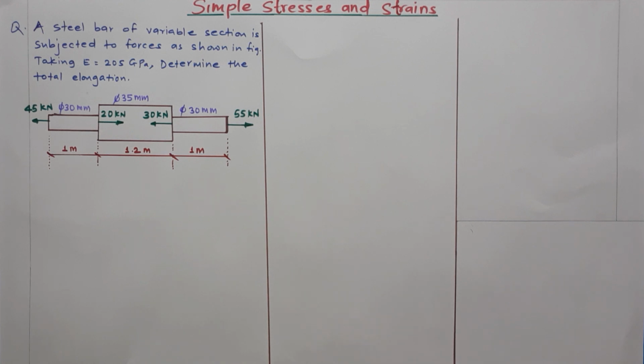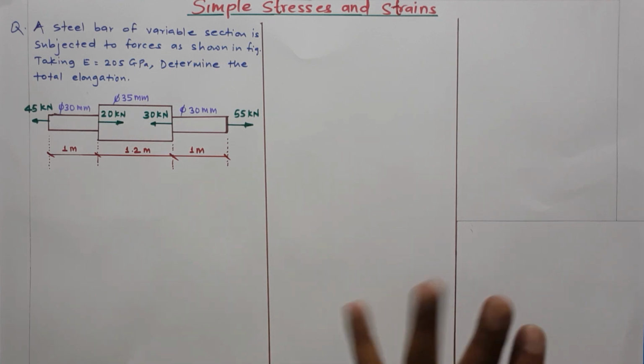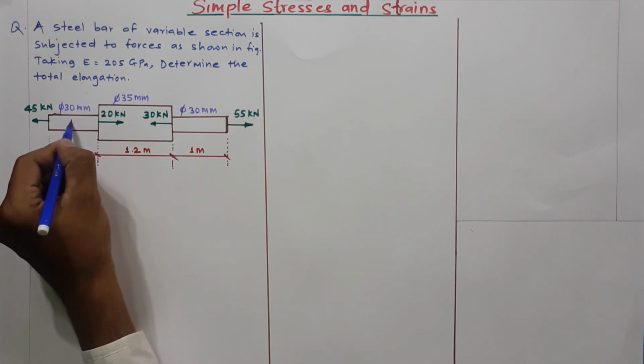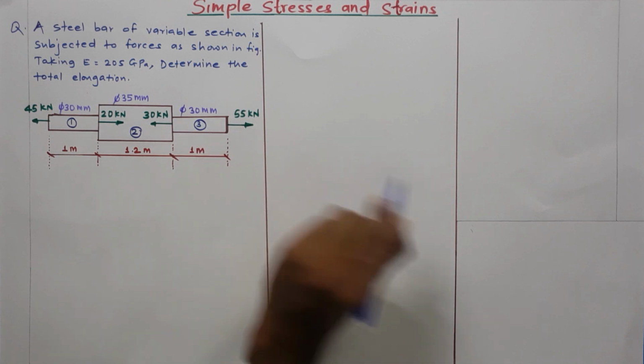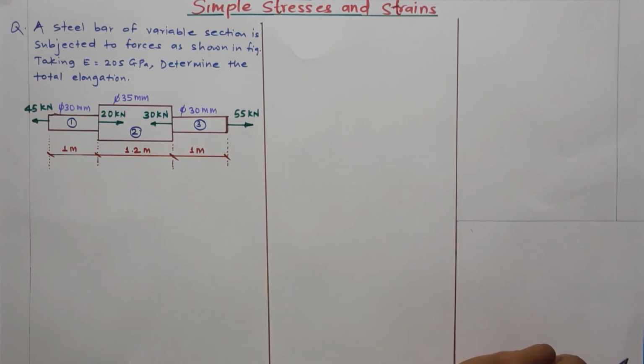First of all, we give a number to each part. Let's consider this is part 1, this is part 2, and this is part 3. Then we draw a FBD of each part. Assume some sign conventions and find the internal forces produced in each part, and again by applying the principle of superposition find the total elongation.